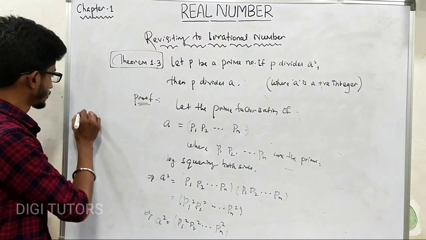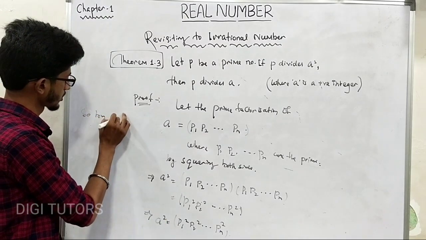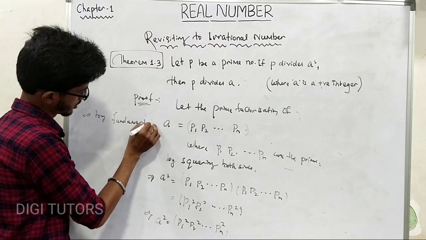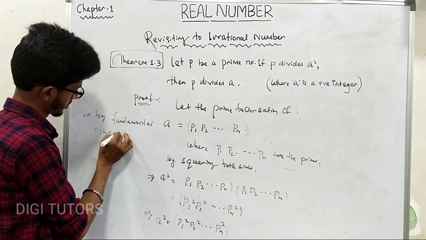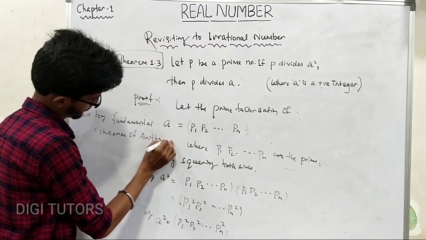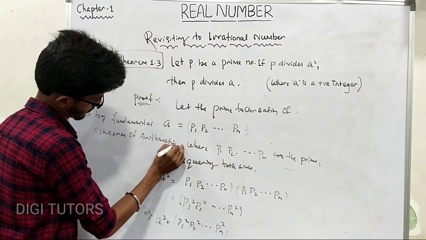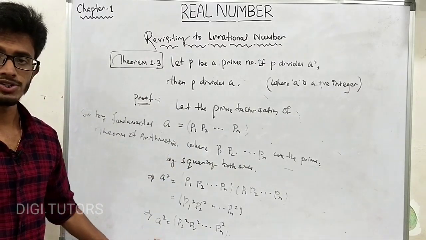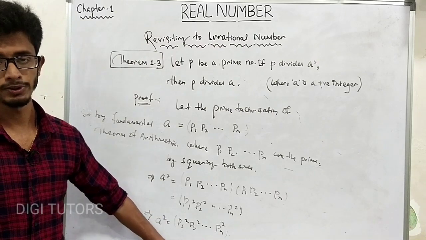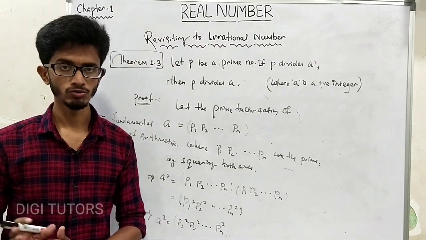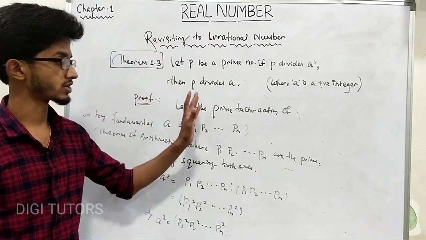So by the fundamental theorem of arithmetic, a is the product of primes p1 p2 up to pn, and p divides a square, which is already given in the statement.